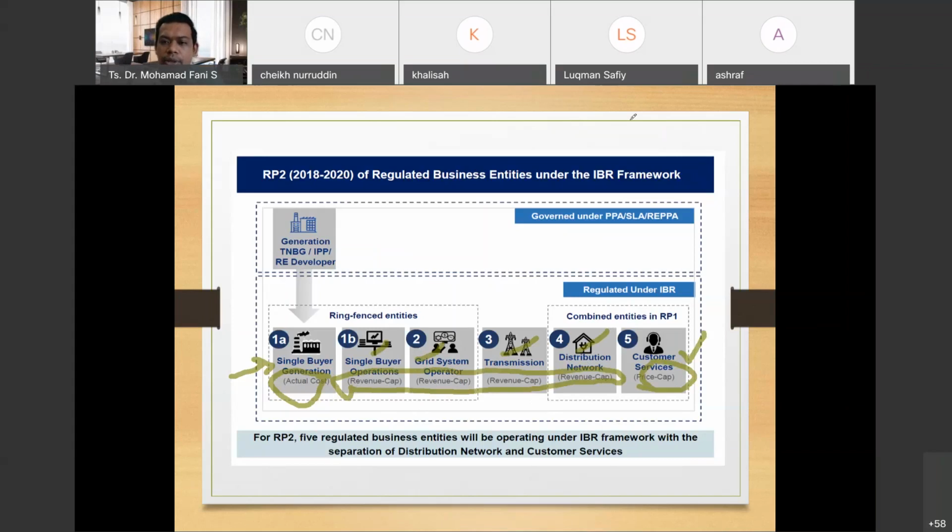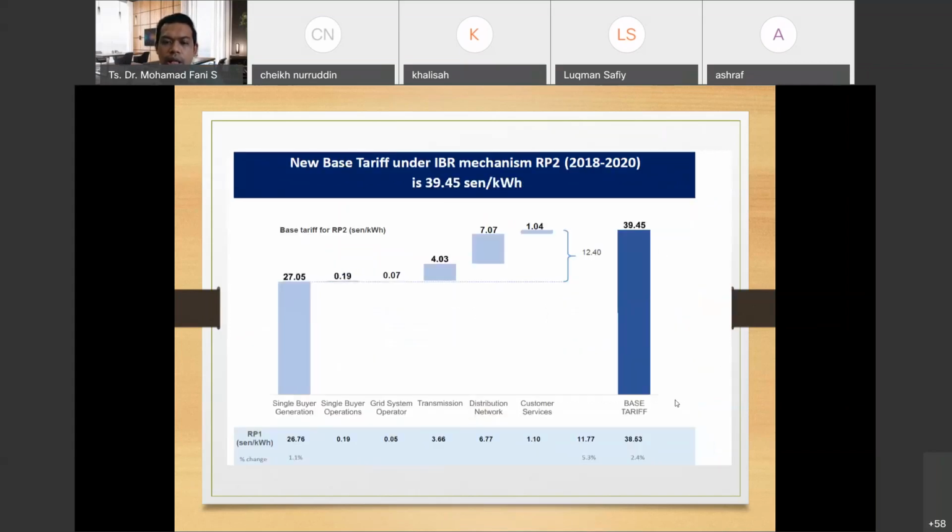So what is the revenue calculation for the TNB? Before that, we got to know that there is an increment of the new base tariff, but it does not affect the consumer electricity tariff, because TNB has designed the consumer electricity tariff and the average one is 39.45.